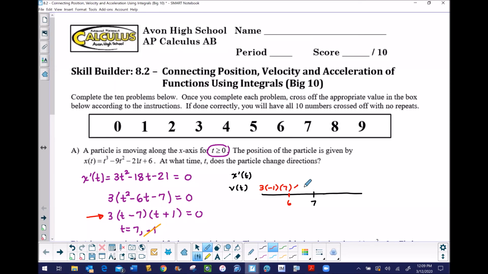That's clearly negative. I don't even care that it's negative 21, I just care that it's negative. Then if I check 8, I get 3 times positive 1 times positive 9. That's 27, but I don't care that it's 27, I care that it's positive. So we definitely have a sign change. So you have just found out that 7 is your first answer, so you can cross it off.